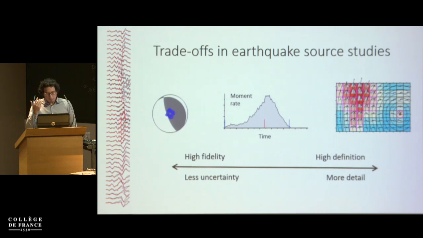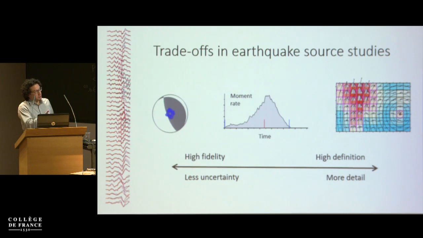So to start, seismologists are inferring from, for example, teleseismic data, properties of the source, and those properties range from the very coarse on the left to the very detailed on the right.